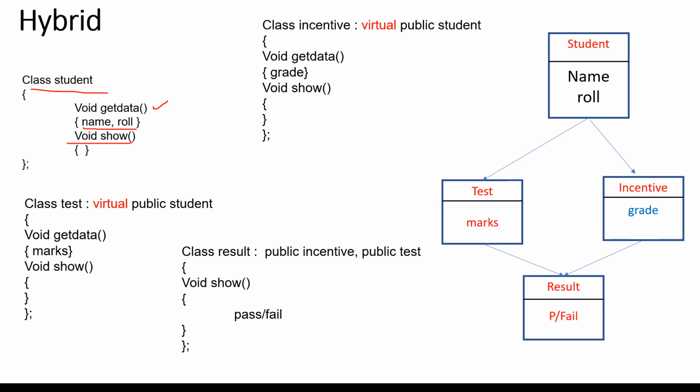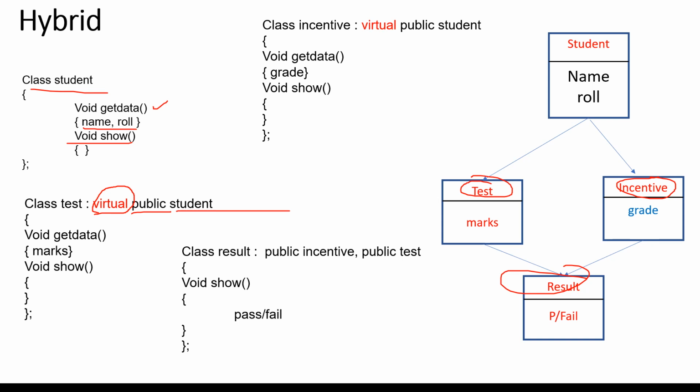Now whenever you are deriving the second level classes, that is test and incentive, in multipath inheritance you have to add this virtual keyword. Okay, so class test is derived virtually, public student, right? So this keyword will take care that only one copy will be present in the final derived class, that is the result class.